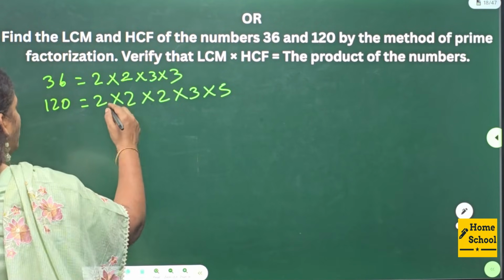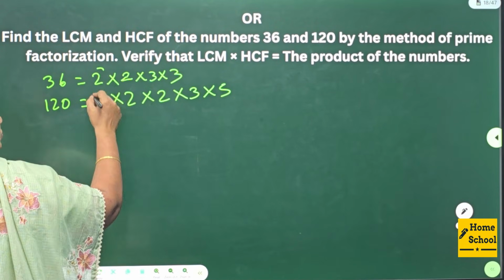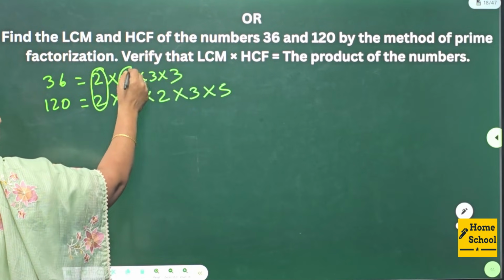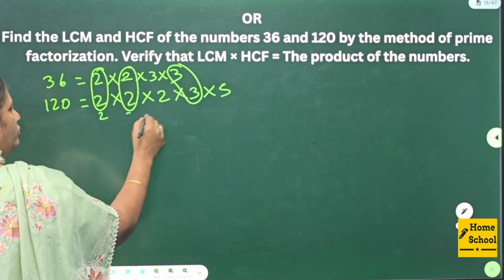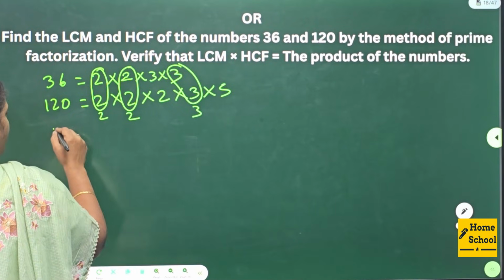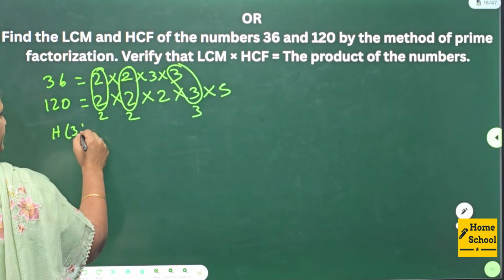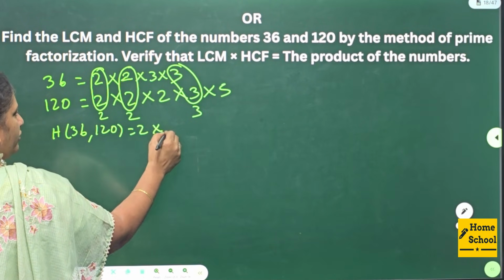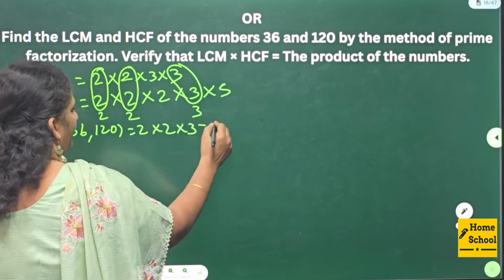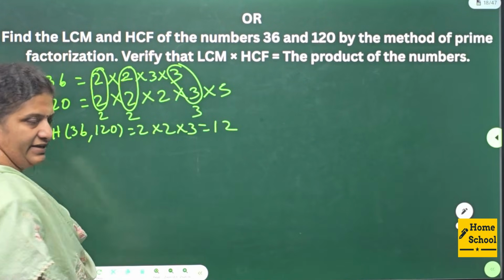Right? So among these 2 2 is common and 1 3 is common. 2 2 3. Therefore HCF of 36, 120 is equal to 2 into 2 into 3. That is 12 is the HCF.